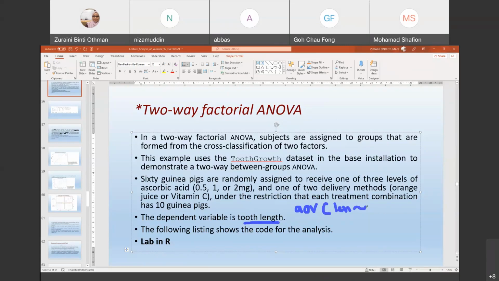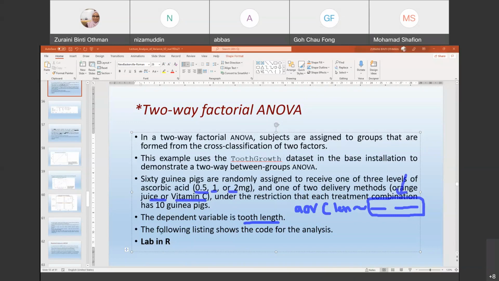Then this is the factor that we want to observe. This is the formula that you have to create. What factor do you want to see the impact of? You want to look at the difference between the levels of ascorbic acid, or we want to see the difference between orange juice and vitamin C. It depends on us.